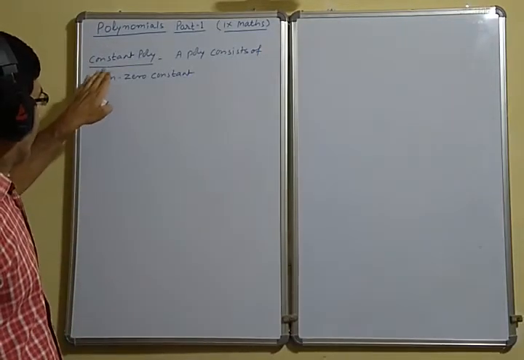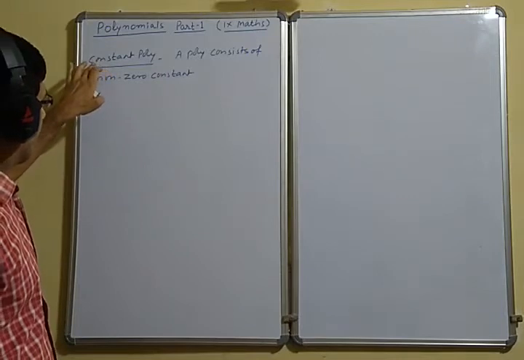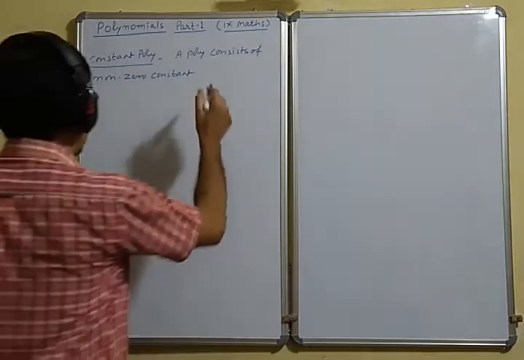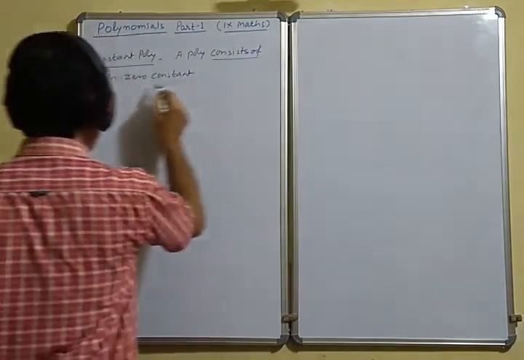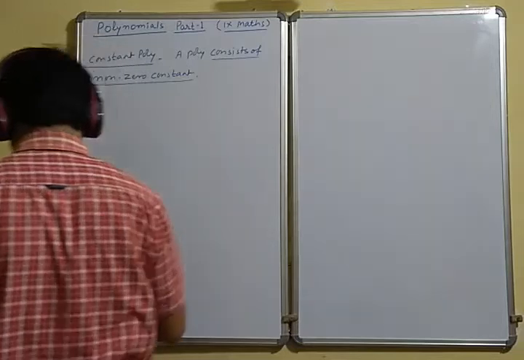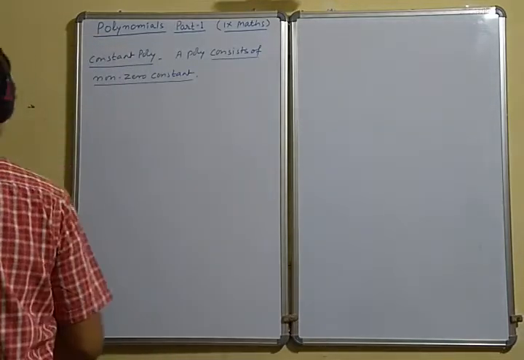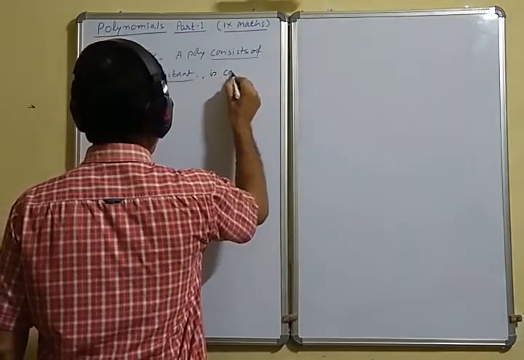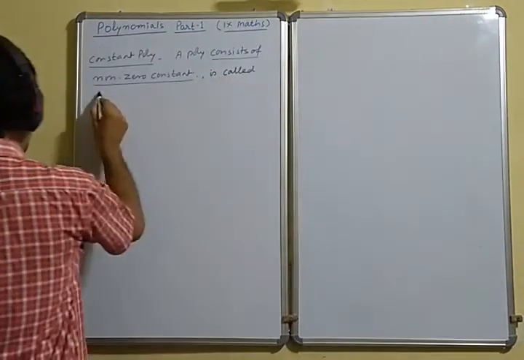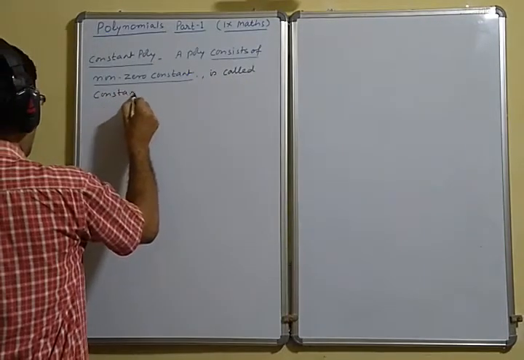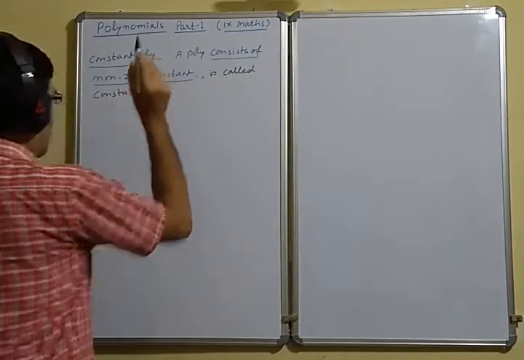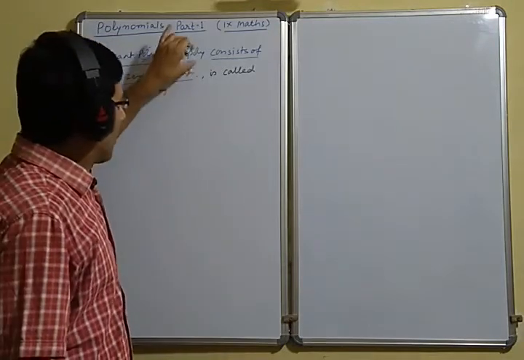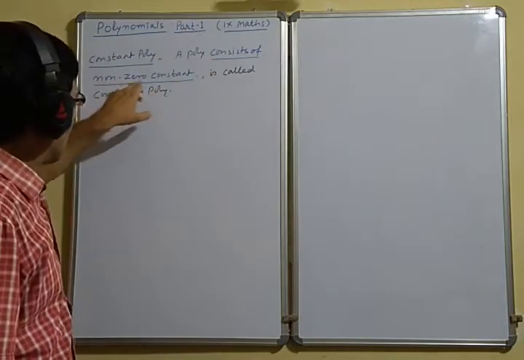Now the next is the constant polynomial. A polynomial which consists of a non-zero constant is called a constant polynomial.